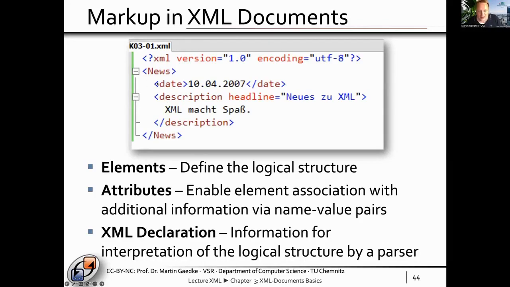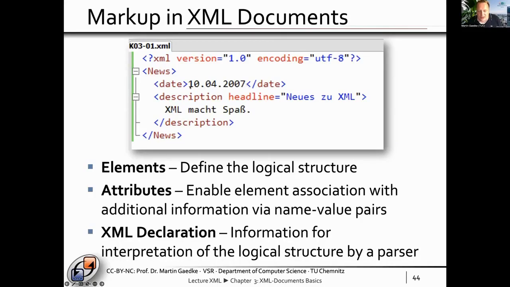The element itself starts here with less than and greater than characters. But this full character sequence with the name of the element date is the starting element, and here you have the closing element of the element date.